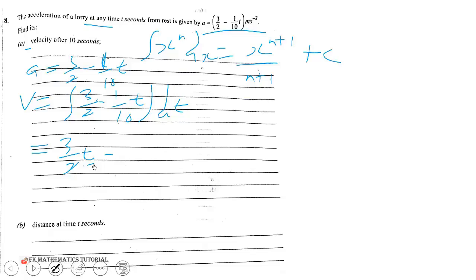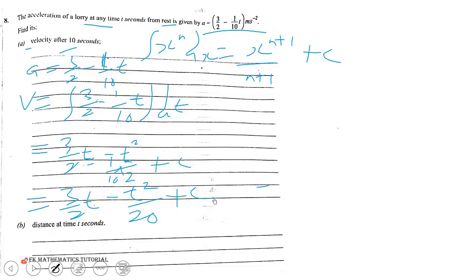Then (1/10)t, exponent 1 plus 1 is 2, over 2, times the 1 over 10 we already have, plus the constant of integration. This simplifies to 3/2 t - t squared over 20 plus c.